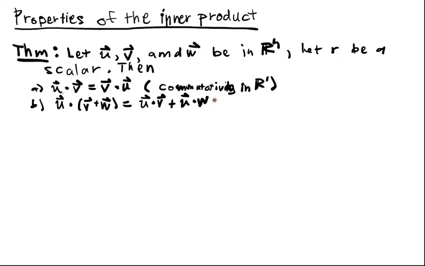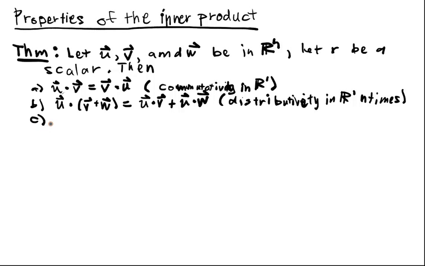So this will be called linearity. And this follows just by using the distributive property in R1, and we do it n times, right, for each product in this sum.